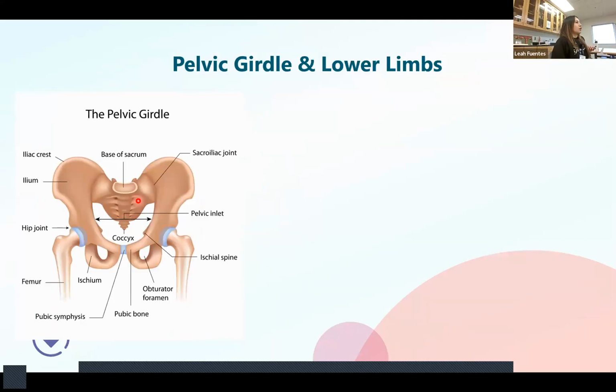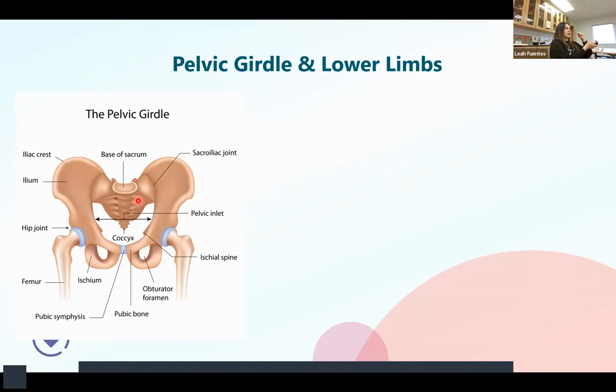Okay, now we're gonna move on to the pelvic girdle. There's 3 bones that make up the 1/2 of the pelvic girdle, which is an os cox. What are those 3 bones? Ilium, ischium, and pubis. So again, humans are bipedal, which means we walk on 2 feet because of our femur and acetabulum.